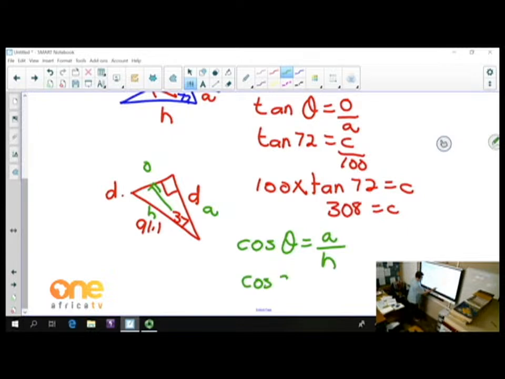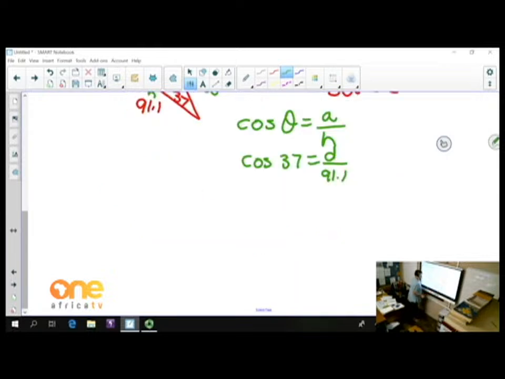So cosine 37 is equal to D over 91.1. Which method? Top times. So it's 91.1 times cosine 37 is equal to D. That is 72.8. Look at the rounding, 72.8. That's your D.